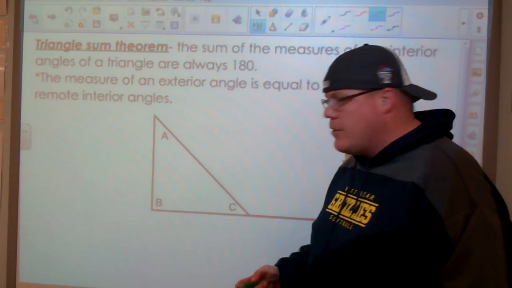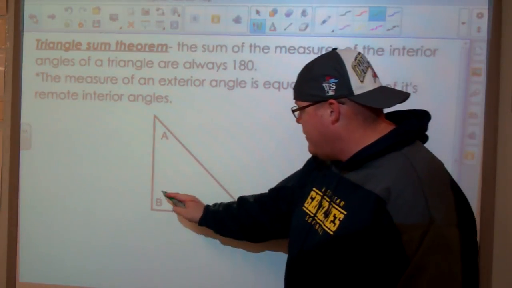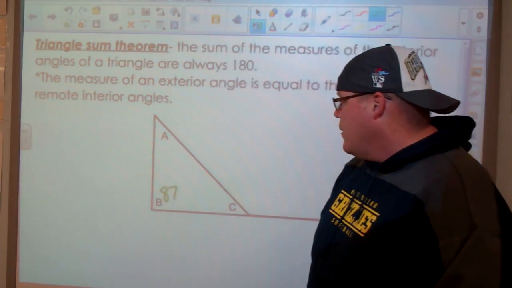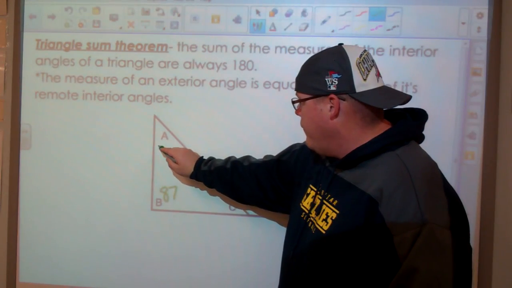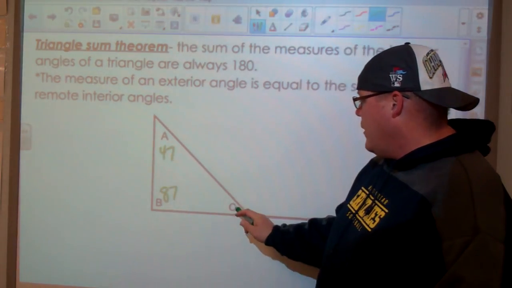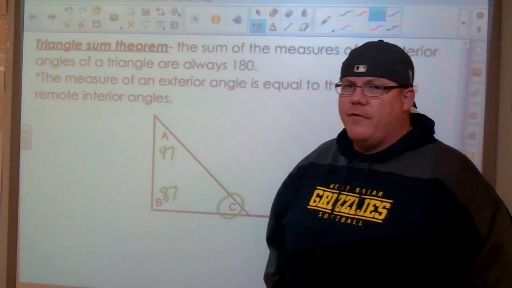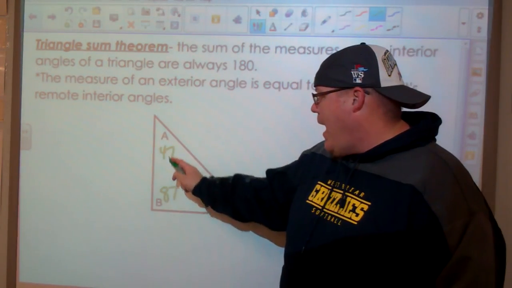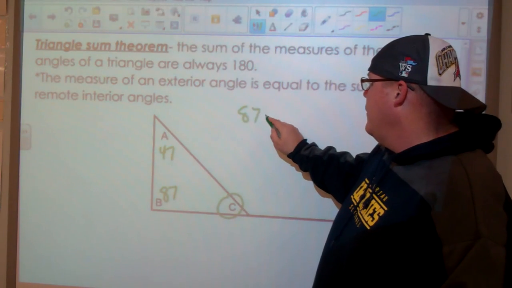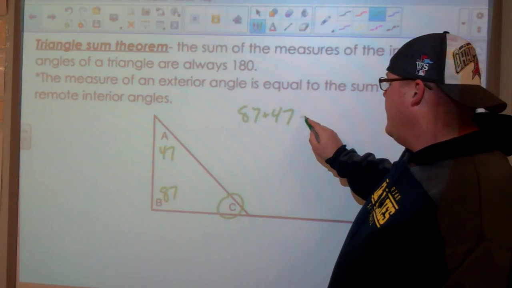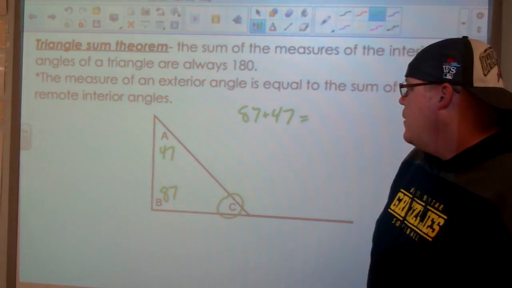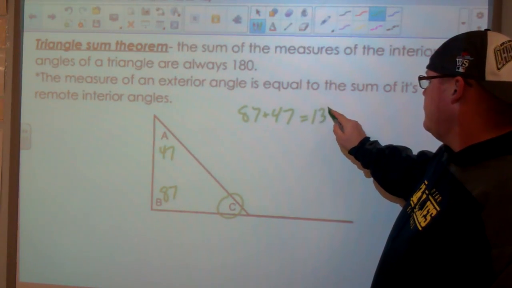So I'm going to just show you real quick what that means. Let's say this is 87 and this is 47, and we need to find this angle C. They've given us 87 and 47, so I want to add those two together, 87 plus 47, and that's going to equal 134.